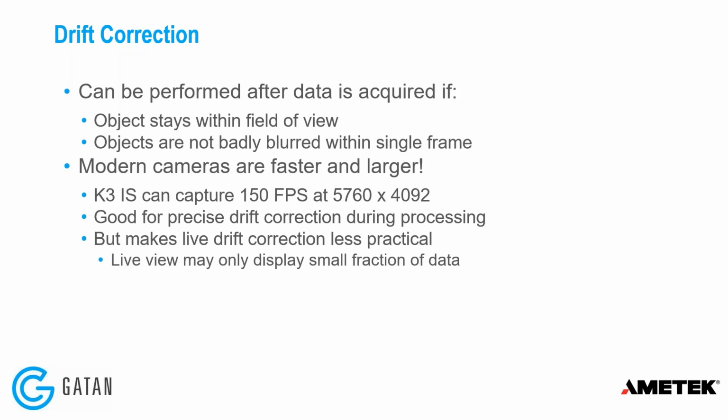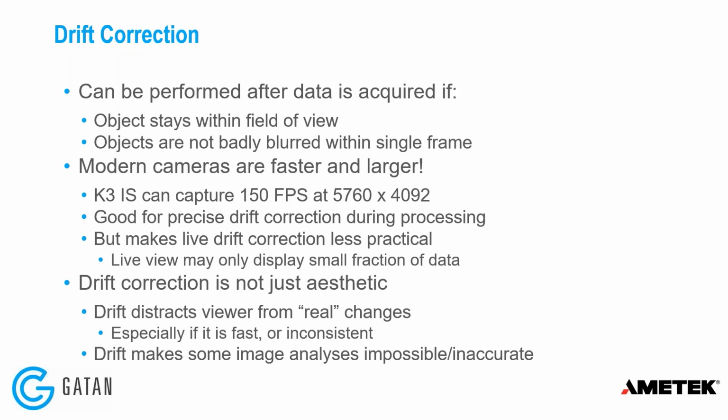So the same qualities of the camera that make it ideal for doing drift correction after the fact actually make drift correction during acquisition less practical. And the final thing I want to say about drift correction is that it's not just aesthetic. It does tend to make your videos look nicer, but drift really distracts the viewer from real changes that are occurring in the sample.